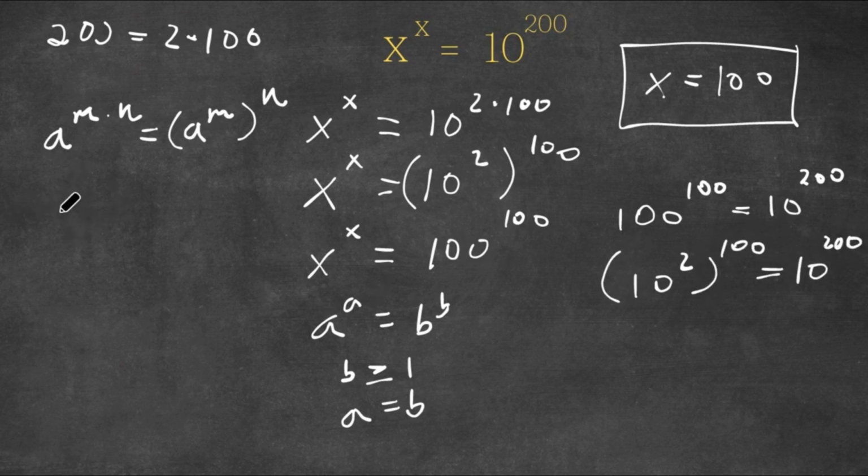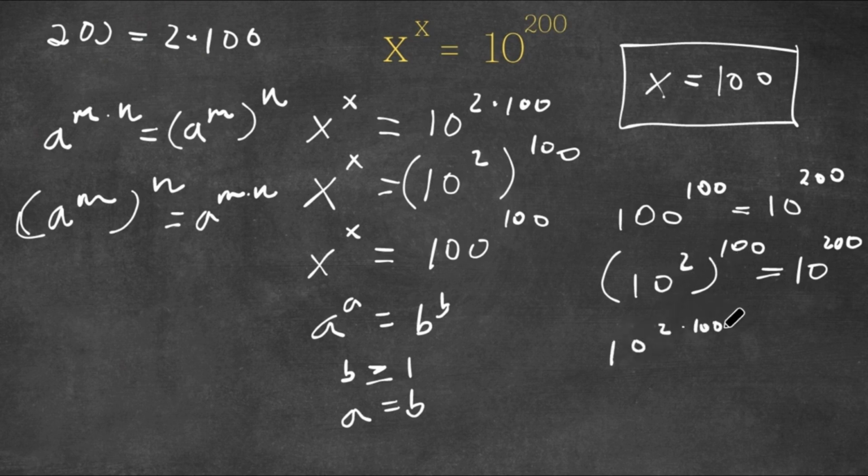And if I have something in the form a to the power of m to the power of n, this is equal to a to the power of m times n. So 10 to the power of 2 to the power of 100 would equal 10 to the power of 2 times 100. And 10 to the power of 2 times 100 is 10 to the power of 200. So we have 10 to the power of 200 equals 10 to the power of 200. Because this is right, we know our solution is x equals 100.